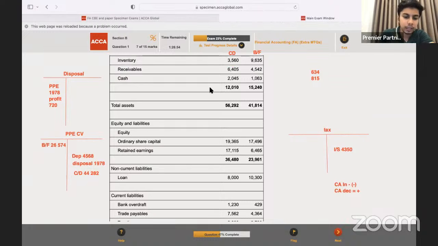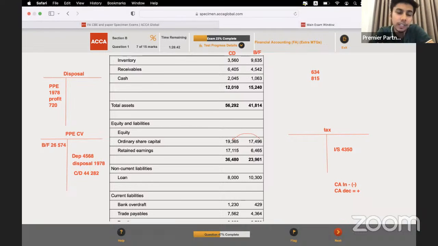Okay. Now, guys, over here, now we have done cash. Now let's move to next part, equity. Ordinary share from here to here has increased. Okay, right. Now, guys, listen. In the FA level, ordinary share will never reduce. At the foundation level, guys, ordinary share will only increase.